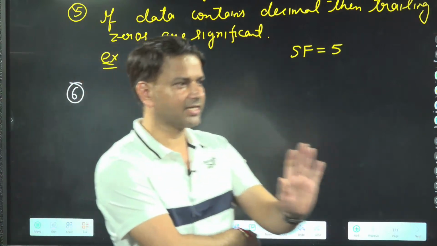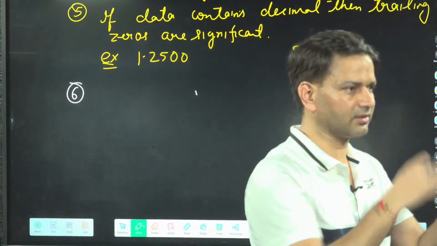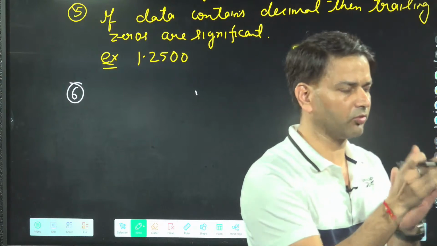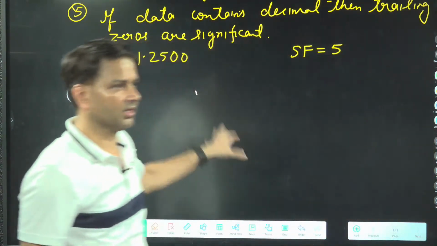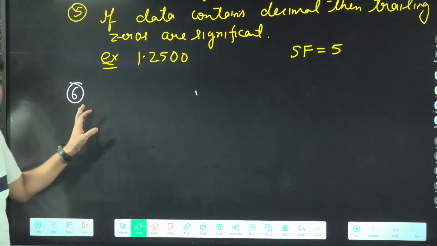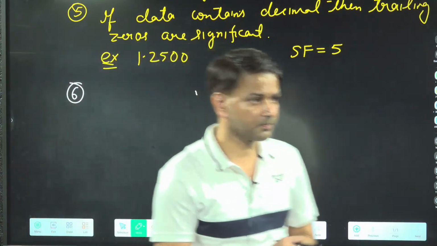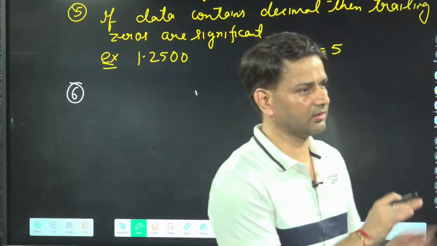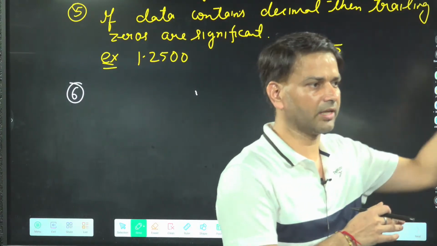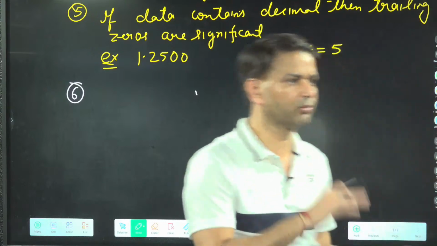Some basic idea about scientific notation: when we write a number as a into 10 to the power b, in this rule we require that scientific notation. Suppose we are converting any unit, like kilometer to meter, kilogram to gram.